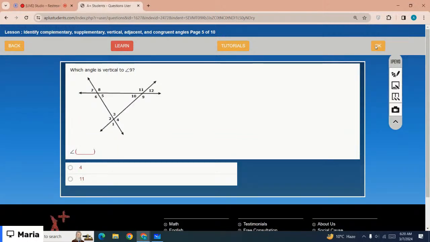Which angle is vertical to angle 9? Which is the correct option? Vertical angles are the angles that form on the same lines but on the opposite side, right? So angle 11 is vertical to angle 9.